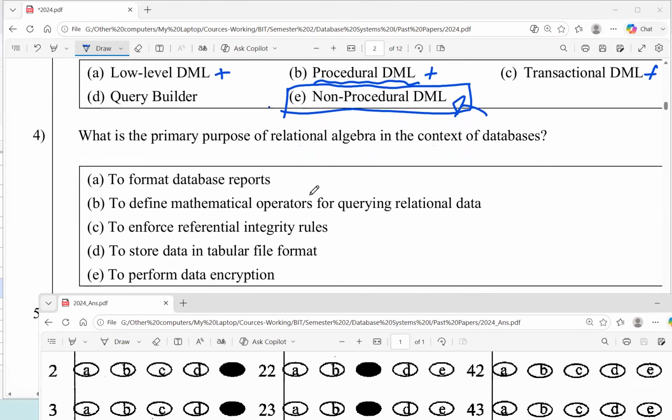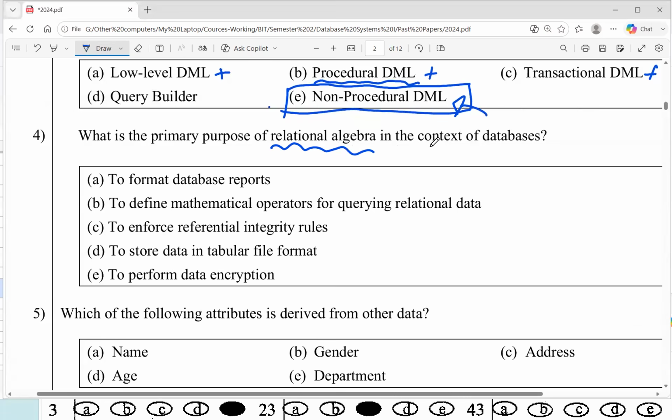Fourth one. What is the primary purpose of relational algebra in the context of database? Remember, relational algebra is the theory behind manipulation of data in relational databases: sigma, pi, Cartesian product, joins, left outer join, right outer join, inner join, union.